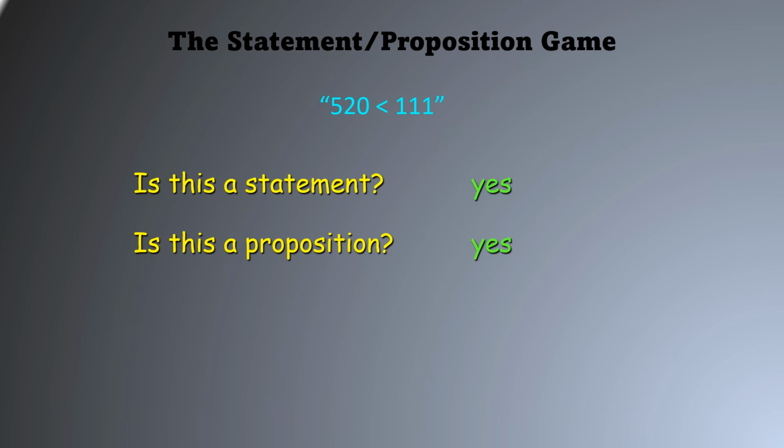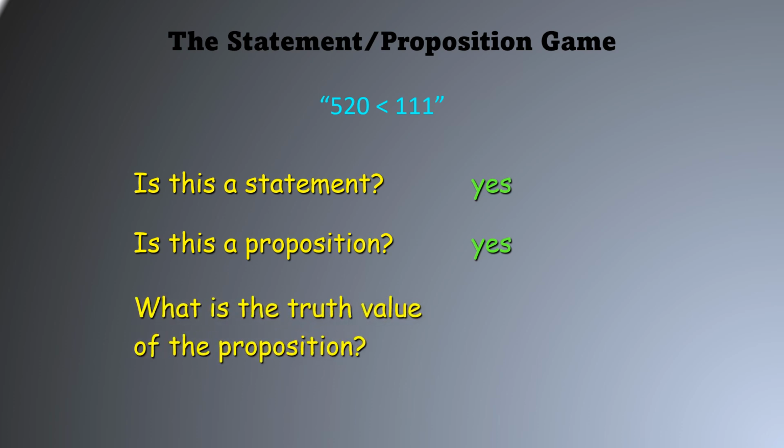Since this statement is false and it is a declarative sentence, then it is a proposition. What is the truth value of the proposition? Since 520 less than 111 is a false statement, the truth value of this proposition is false.